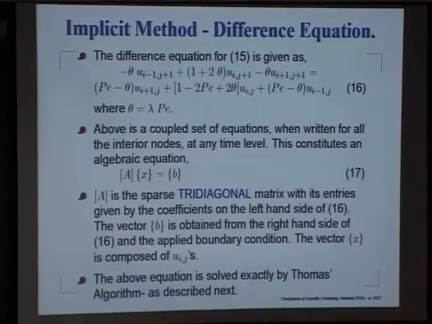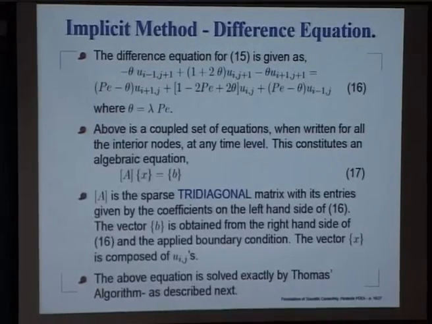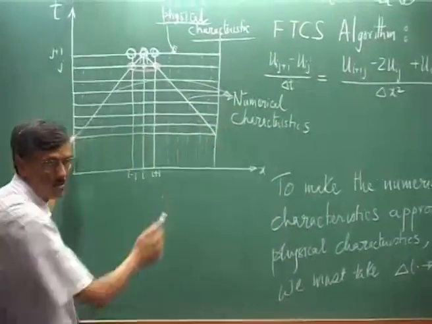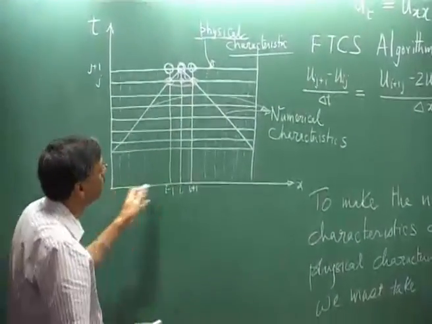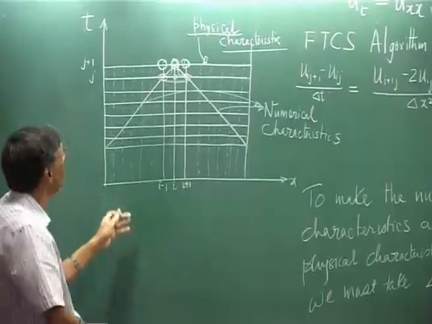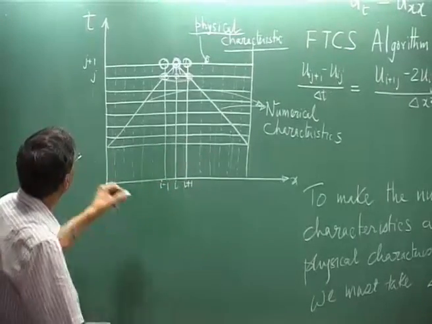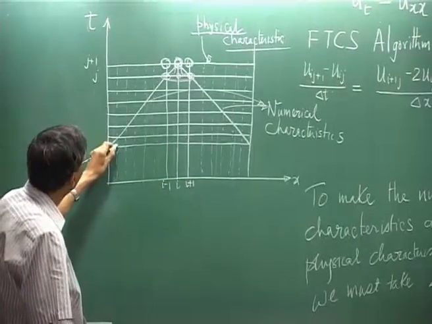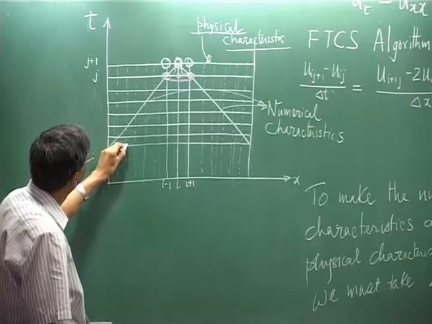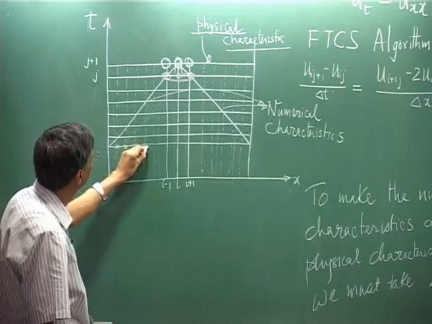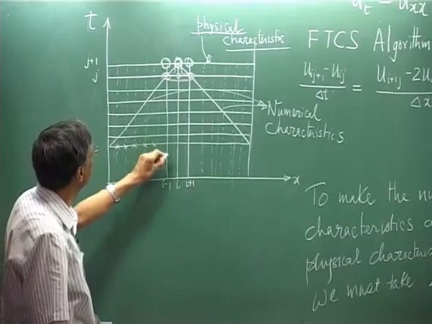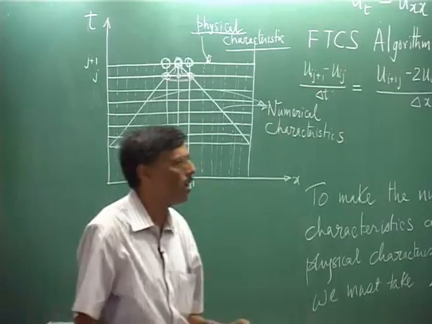So, suppose I have a Dirichlet boundary condition, that is u is prescribed on these 2 ends, at x equal to 0 and x equal to 1. Then I write down that equation for all the points. If I keep doing it, then what do I get?